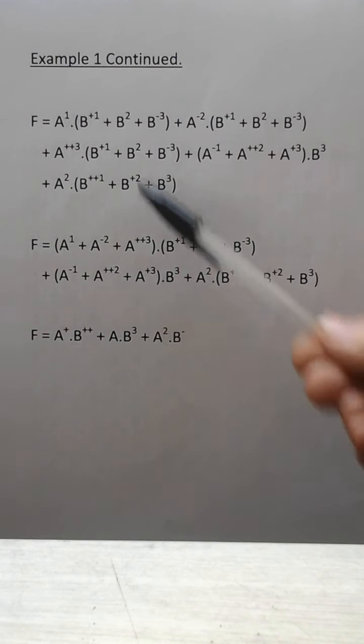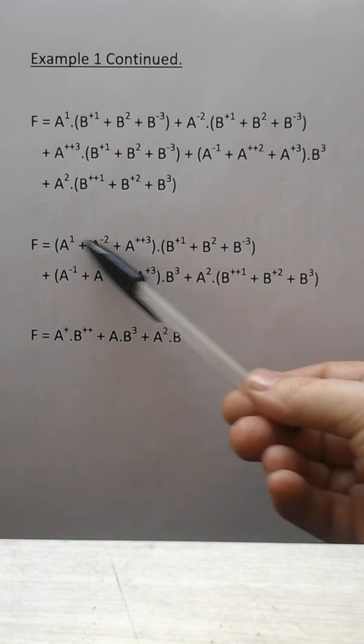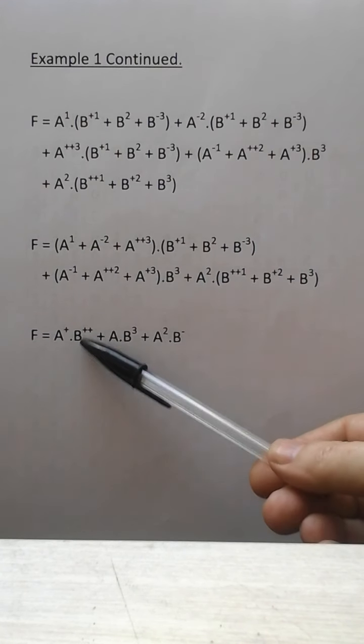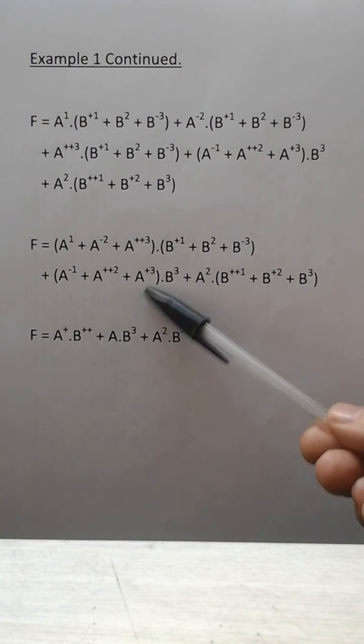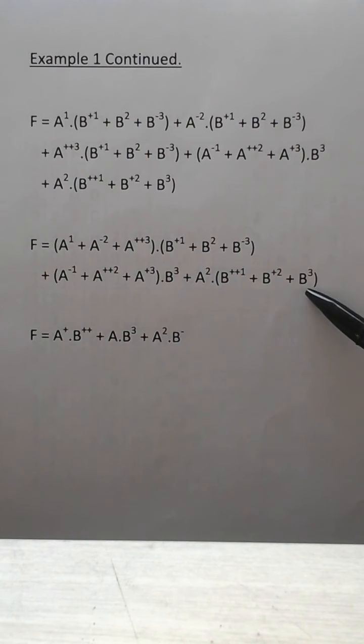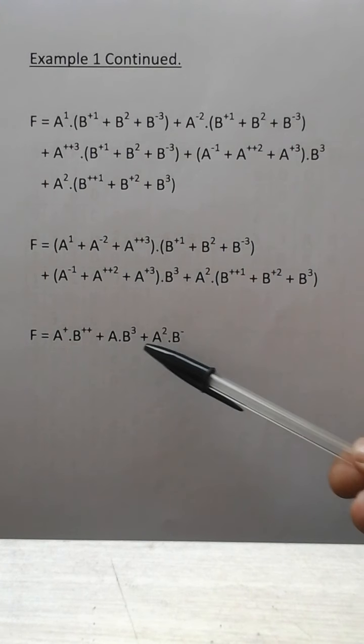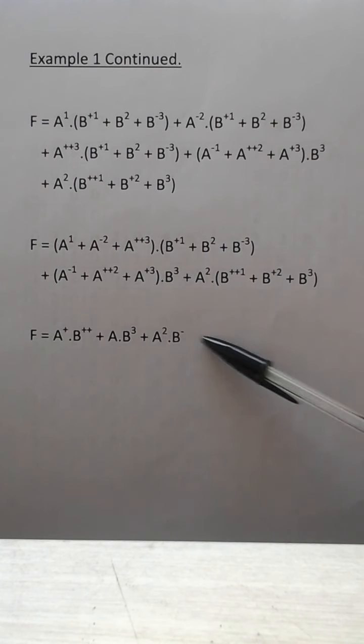I've left these two alone. So this term here equals A plus, this term here equals B plus plus, this term here equals A, and this term here equals B minus. So the result is F equals A plus min B plus plus max A min B3 max A2 min B minus.